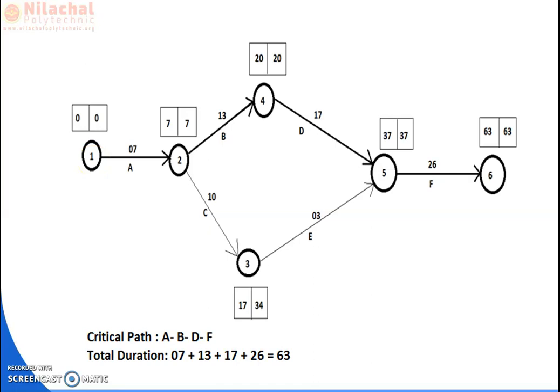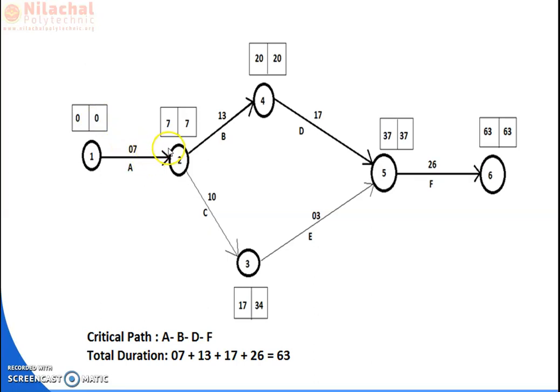While calculating the float, the start time is 0, 0 and the finish time is 7 as EFT, 7 as LFT. So EST is equal to 0, LST is equal to 0, EFT is equal to 7, LFT is equal to 7. LST is 7 minus 0 minus 7, that is 0.